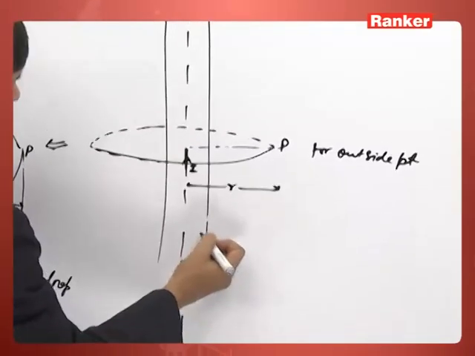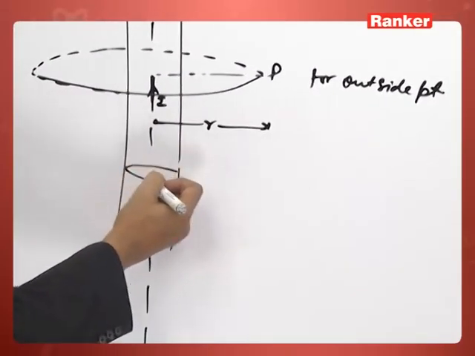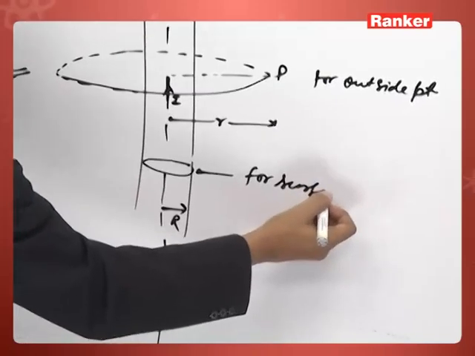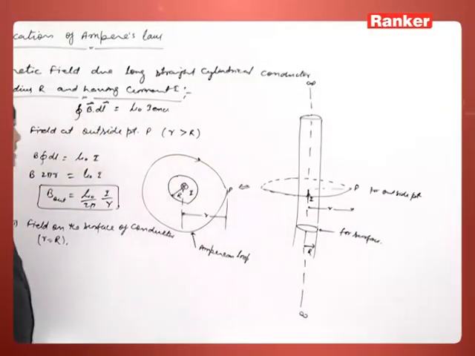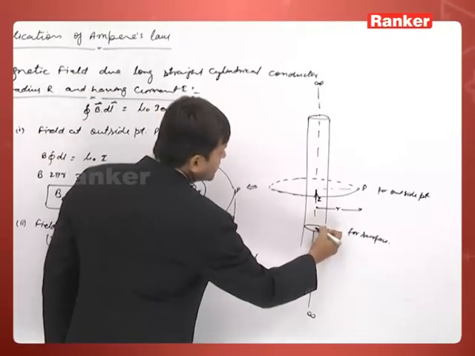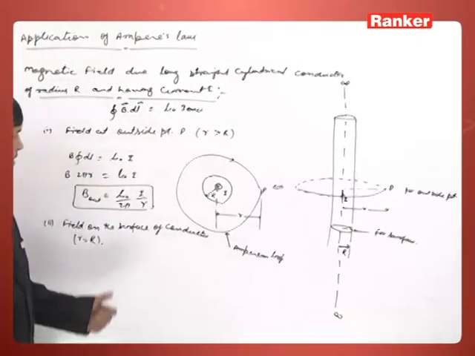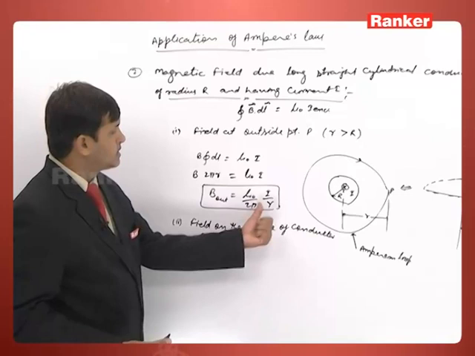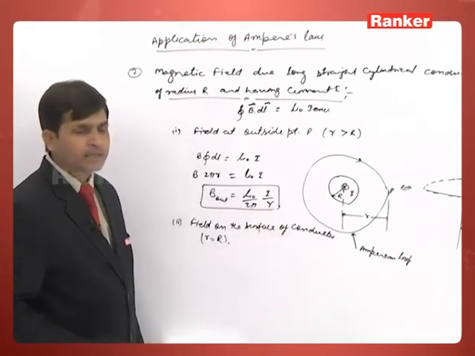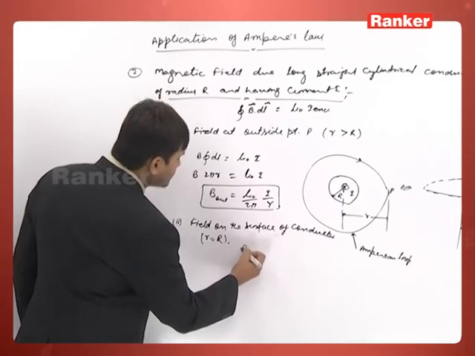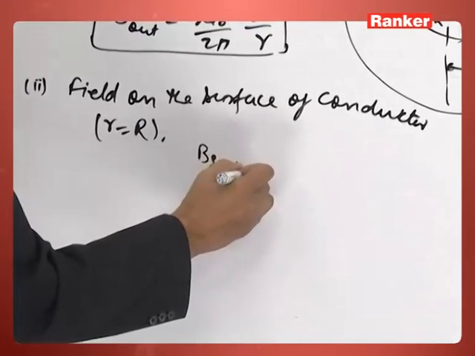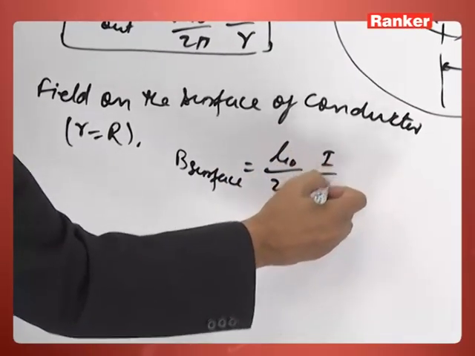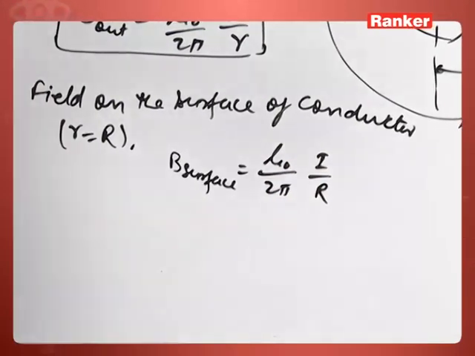Now for the surface we can have this type of Amperian loop. If we are looking for the surface, the small r will be equal to capital R. So small r equal to capital R, then the above expression can be written only by changing small r to capital R. So B on surface is mu naught by 2 pi I by capital R. This is B on surface.